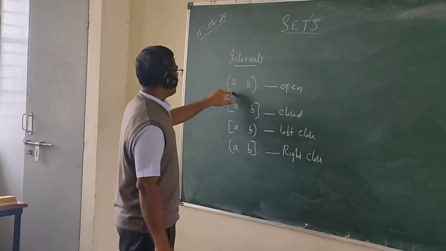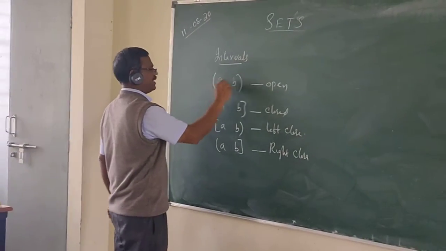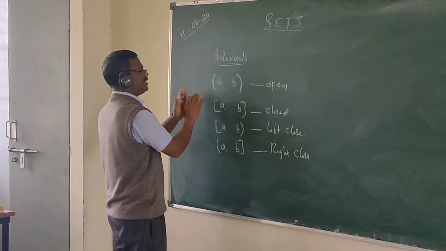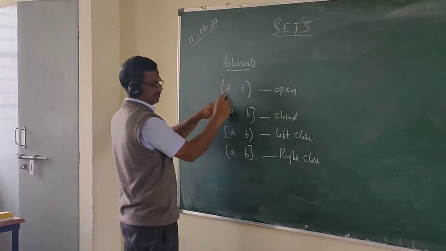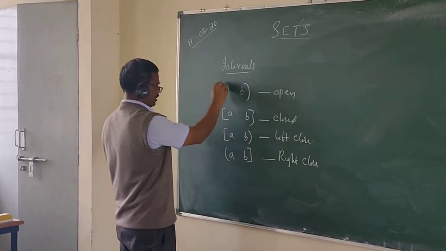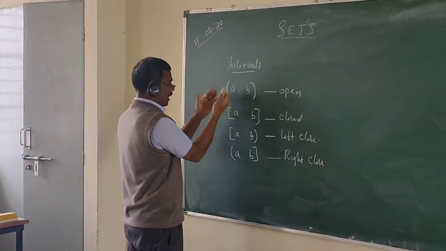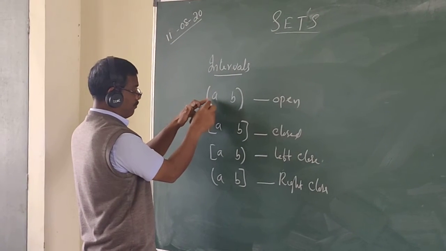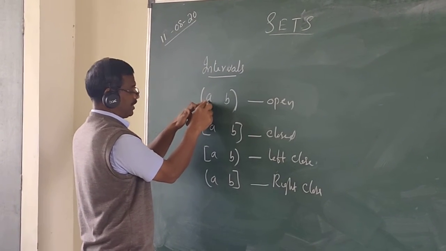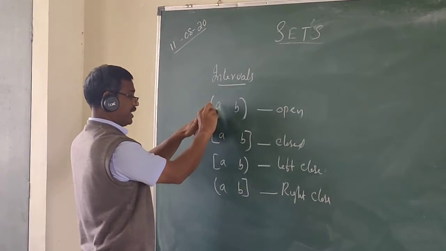Now, when I speak of an open interval AB, it means that A and B are not elements of this group. This is why it is called open. A number very near to A belongs here, but A is not a member.